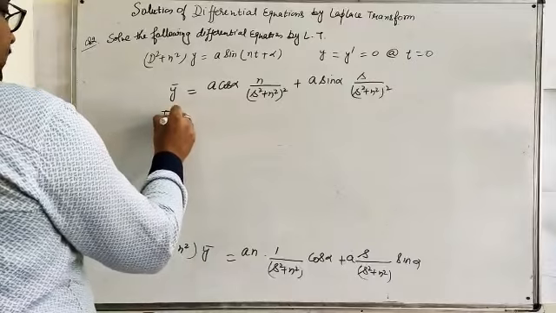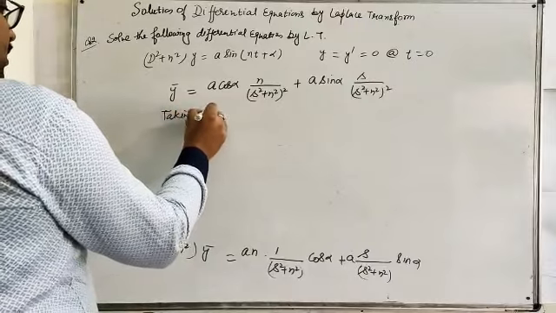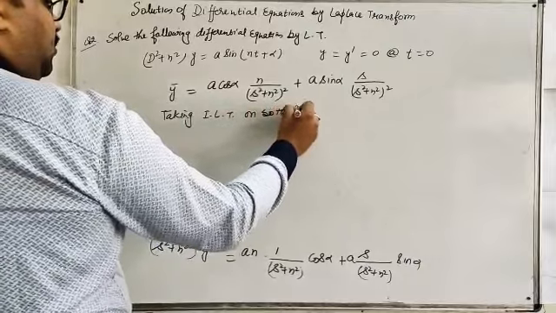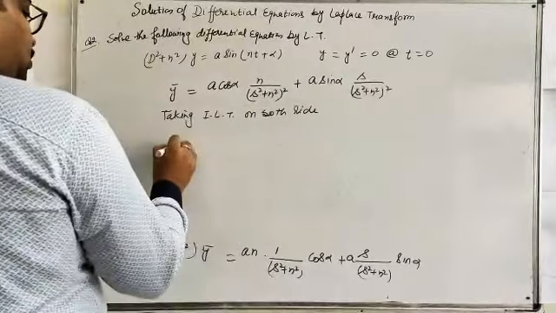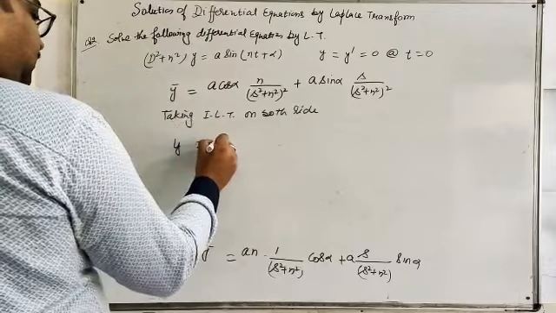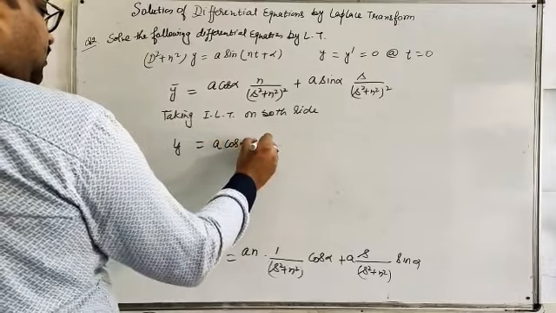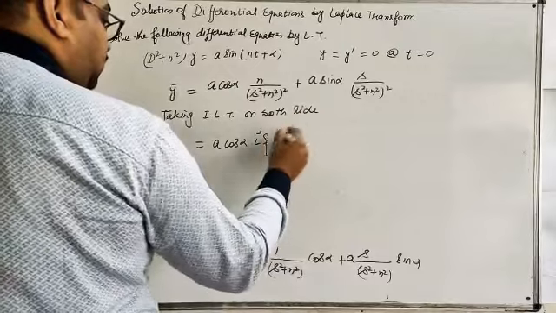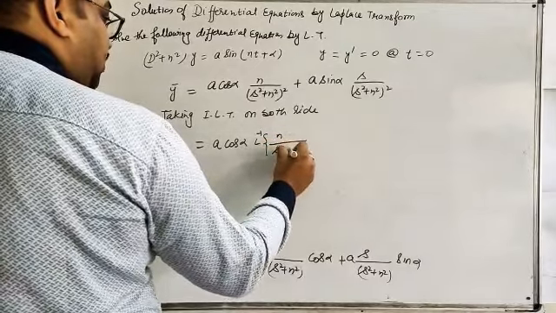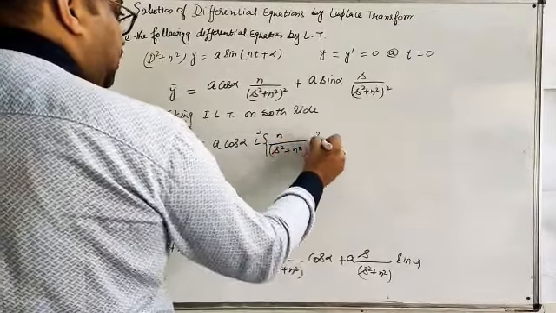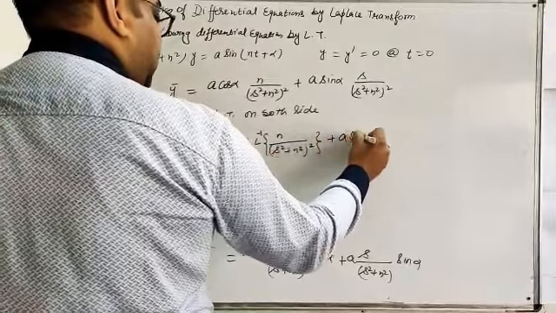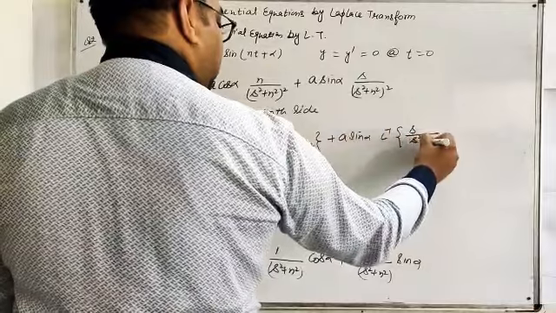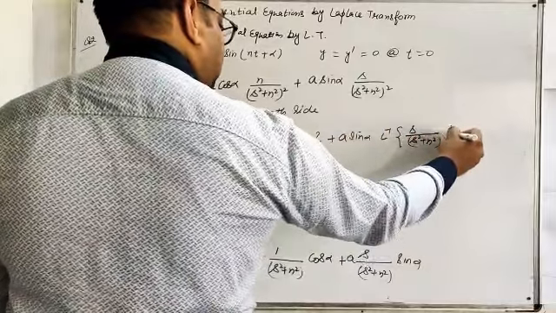So taking ILT, inverse Laplace transformation, on both sides, this will convert into y equals a cos alpha inverse Laplace of n upon (s square plus n square) whole square plus a sin alpha inverse Laplace of s upon (s square plus n square) whole square.